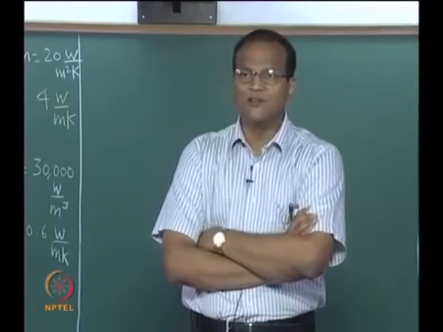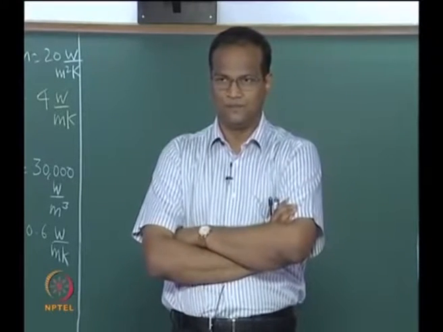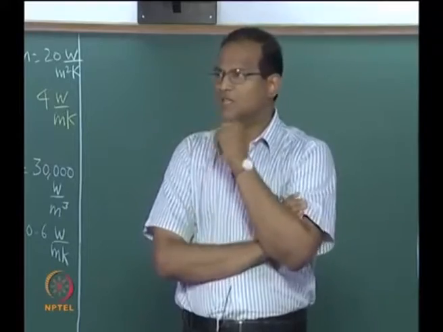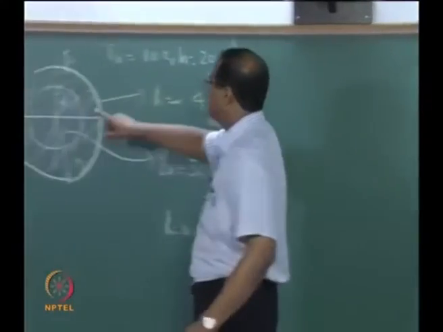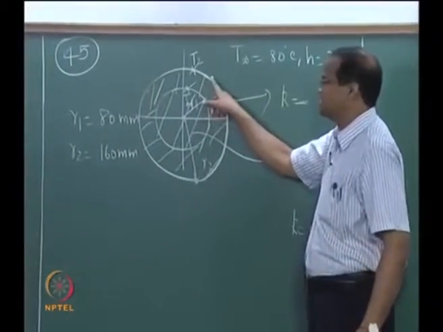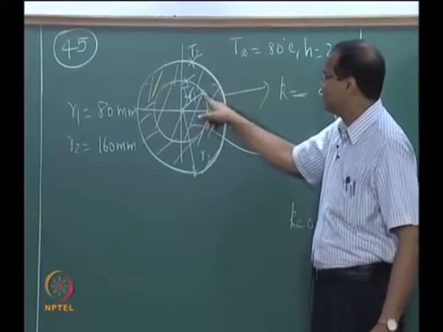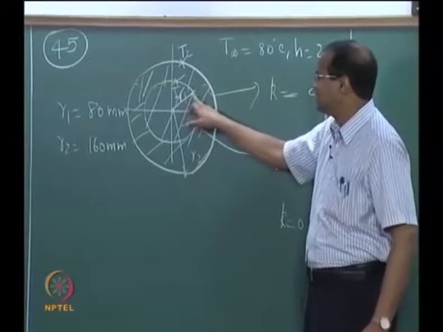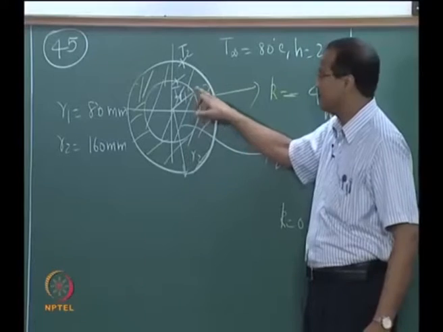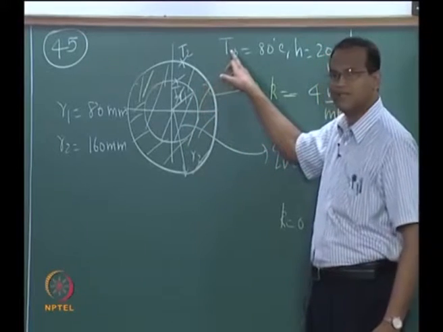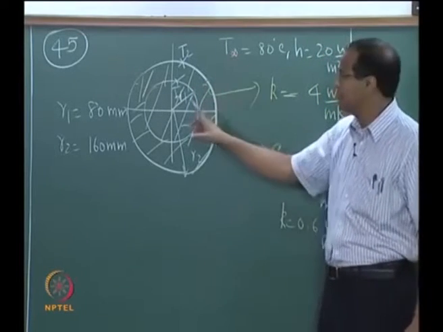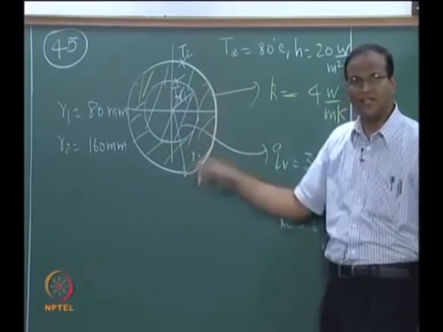We can use the concept of resistance, correct. There are two resistances here, right. So, here the temperature is T1, here the temperature is T2, here the temperature is T infinity. Please look at the board, it is T1, T2 and T infinity.